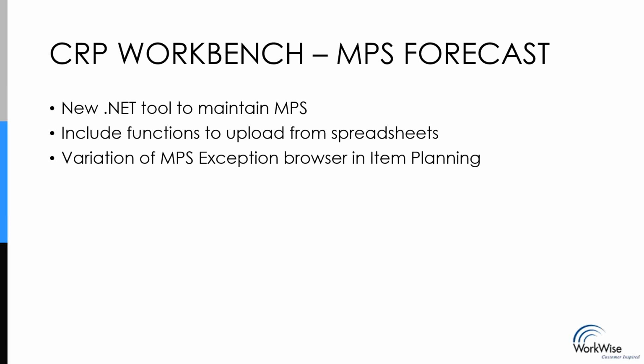Master production scheduling is for items that have what I call independent demand, meaning that the demand for an MPS item is not really dependent upon a higher level item in a bill of material. It's normally things that you sell and ship to customers.